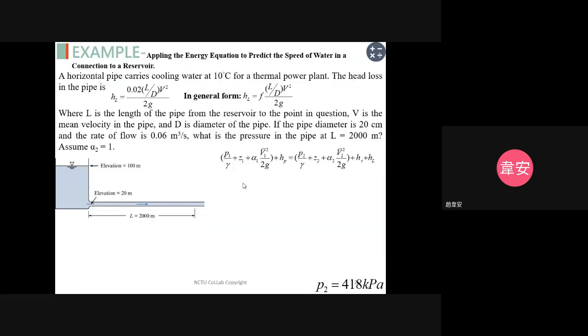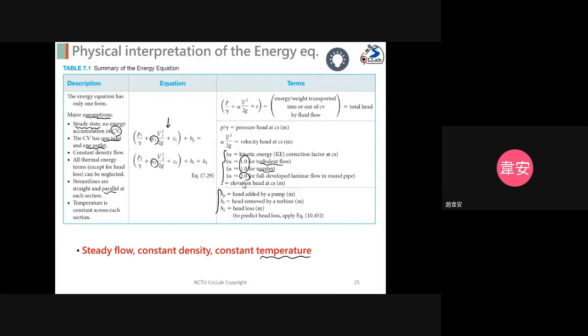Okay, so I think I went through the material too fast, so it's a little bit too complicated. But right now, you just keep in mind the energy equation shown in the table here, and there are many assumptions you need to understand.